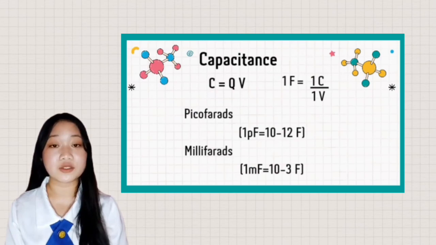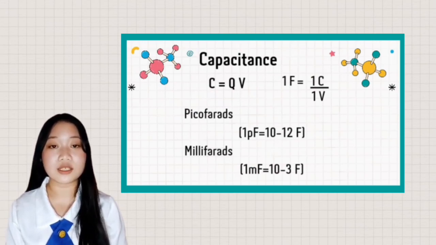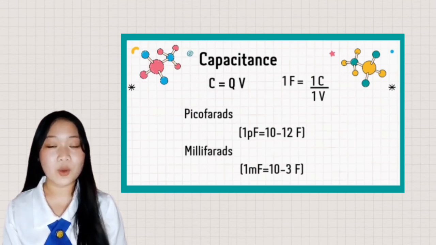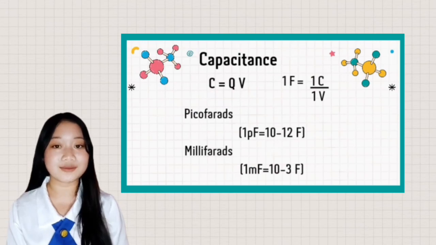Typically, capacitors range from fractions of a picofarad, for example 1 pF equals 10 to the minus 12 F, read as 1 picofarad equals 10 to the minus 12 farad, to millifarads, for example 1 mF equals 10 to the minus 3 F, read as 1 millifarad equals 10 to the minus 3 farads.